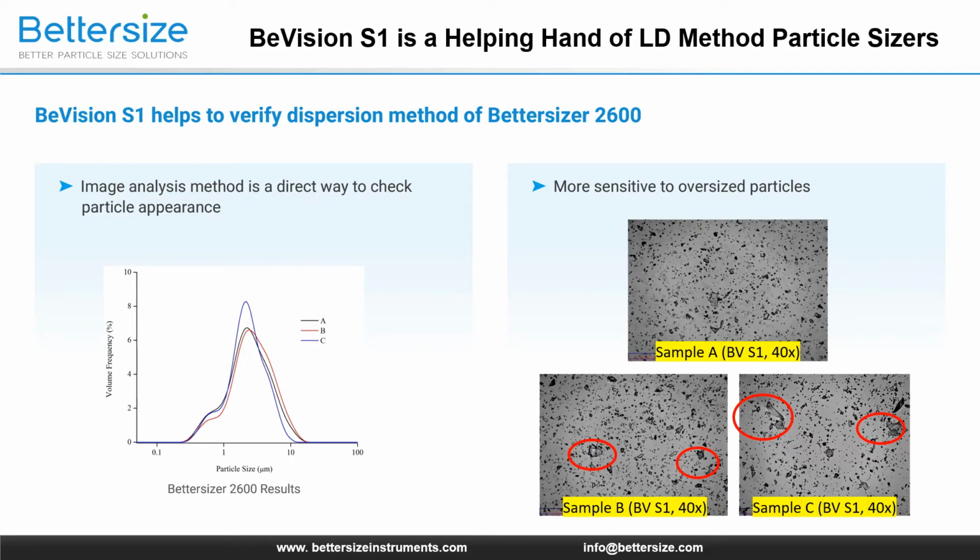As we discussed, microscopic images provided by the Vision S1 are persuasive support for the particle size distribution results of other sizing methods.